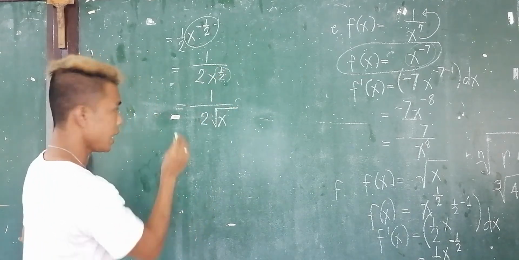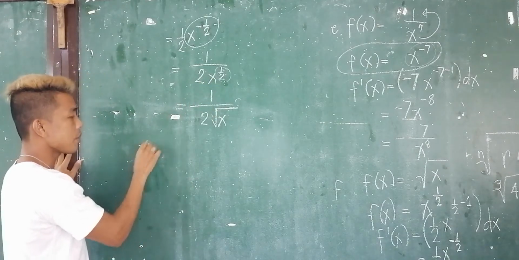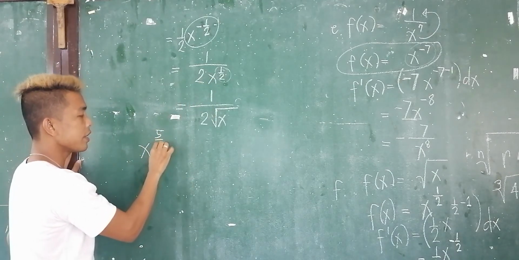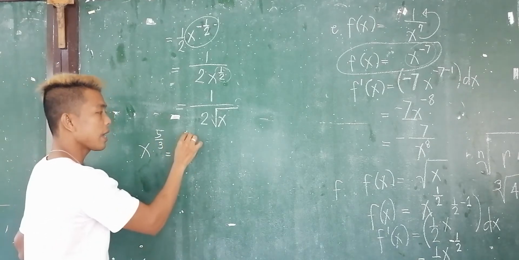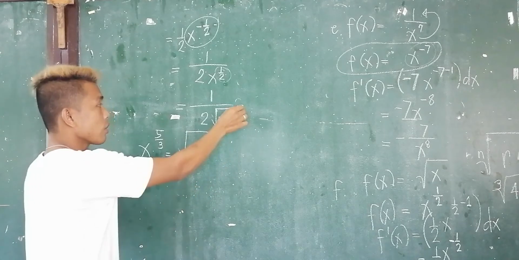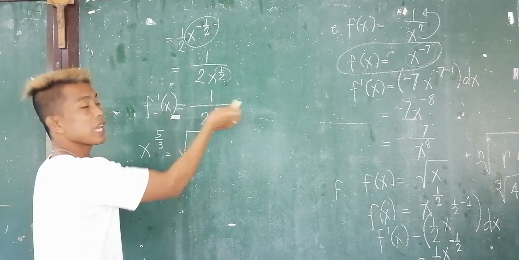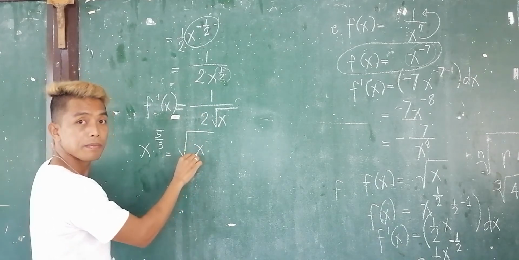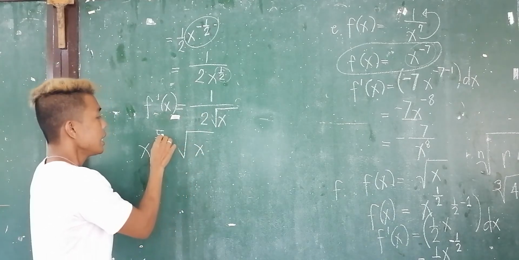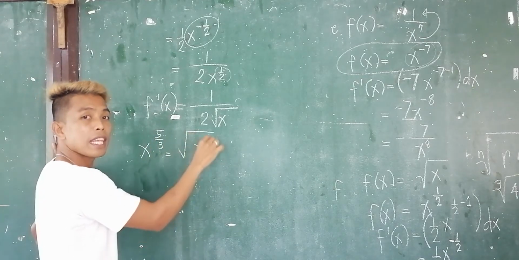fraction? Halimbawa, hindi ito kasama sa computation ha. Halimbawa lang. Halimbawa, x raised to 5 over 3. Maglalagay ka syempre ng radical sign. Pinapakita ko lang sa inyo kung paano kapag ibang number. Ilalagay mo si x sa loob. Sabi natin, yung numerator, yun yung exponent ng nasa loob na expression.